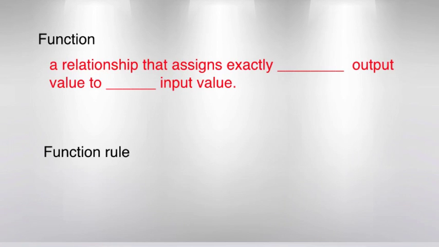Okay, one of the first things that we need to look into is actually the definition of a function. As you can tell in red, I have typed on the screen a relationship that assigns exactly one output value to each input value.